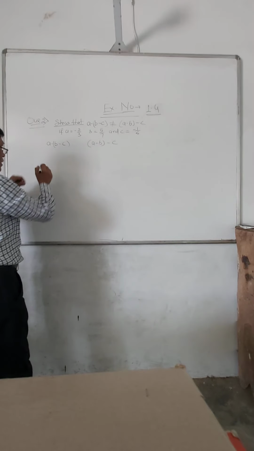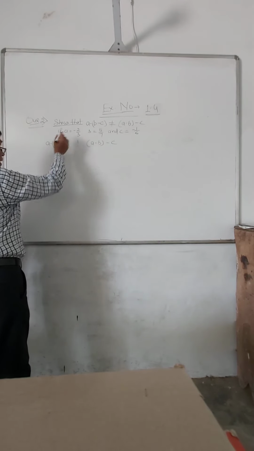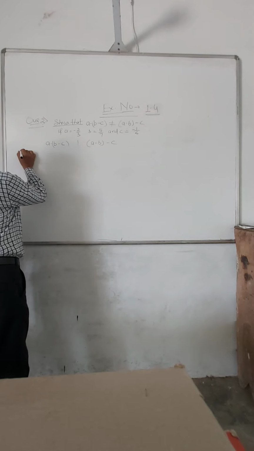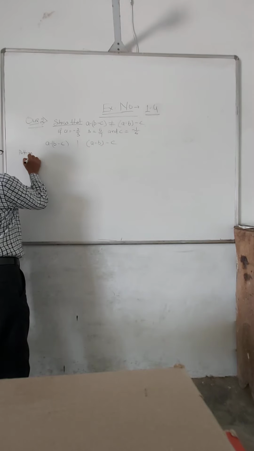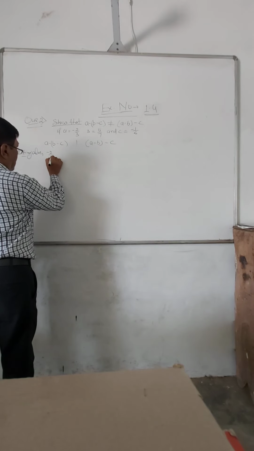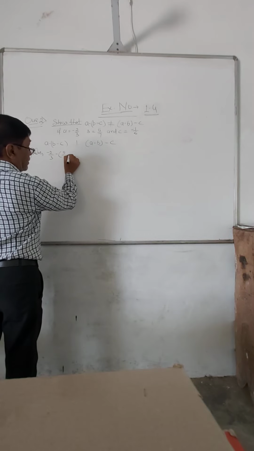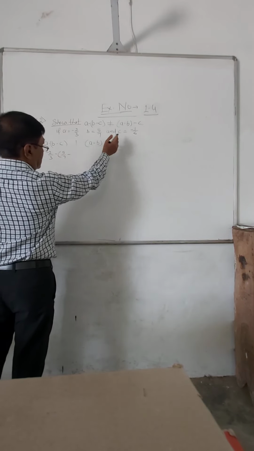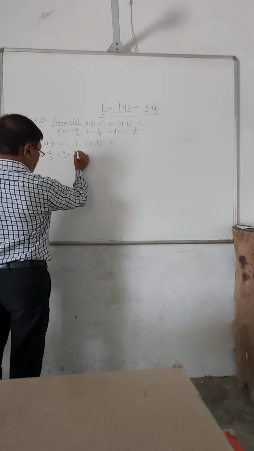So here, putting the values: a is minus 2 by 3, b is 5 by 7, c is minus 1 by 6.